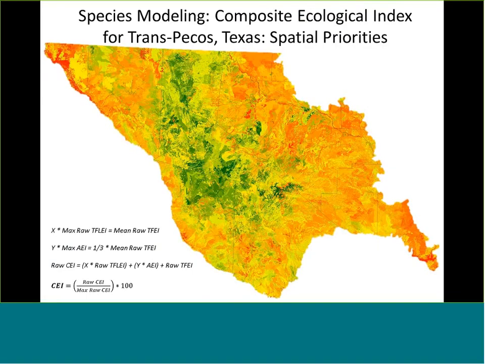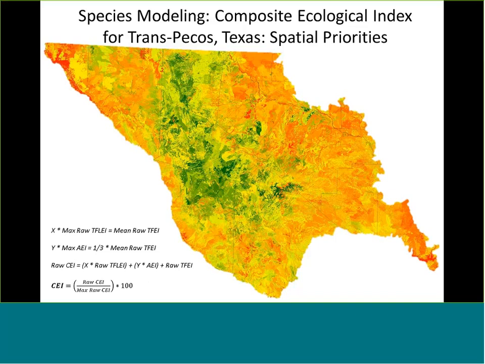You can do species modeling. This is a species habitat modeling for the Trans-Pecos, Texas. This isn't Oklahoma, but the idea applies. So they had target species, and they modeled the target species using our ecological systems classification and map, and then they overlaid all of those models, and the green areas have more of the target species predicted to be there than the orange areas.